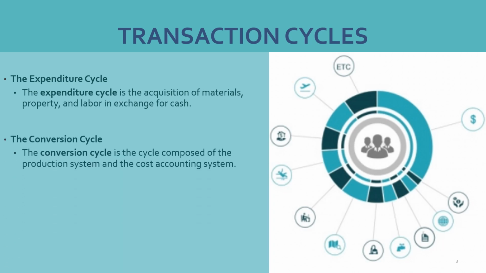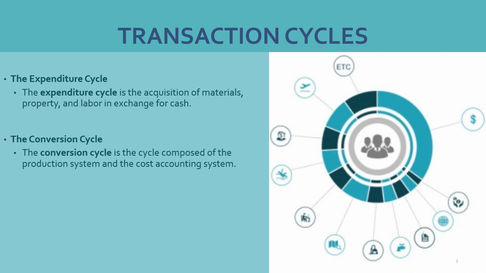Then we have the conversion cycle, which is composed of two subsystems. One is the production cycle, producing, transforming, or converting the raw materials, labor, and so on into finished goods or services.